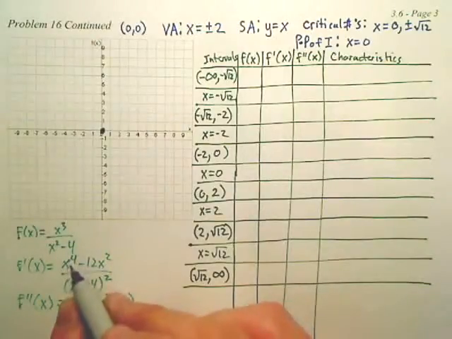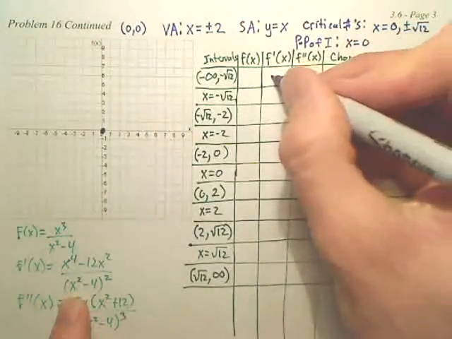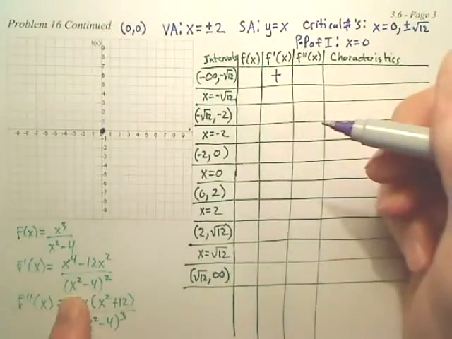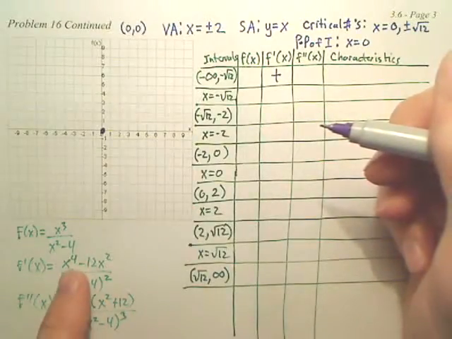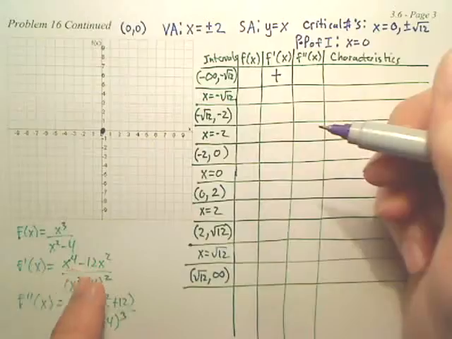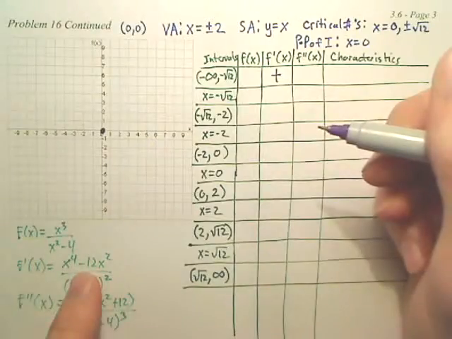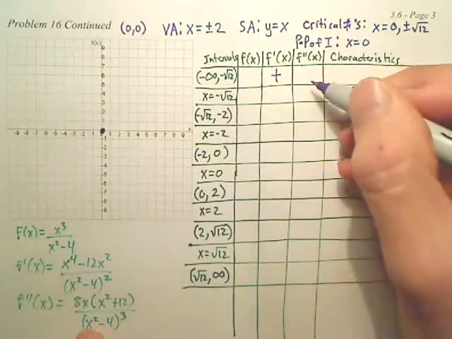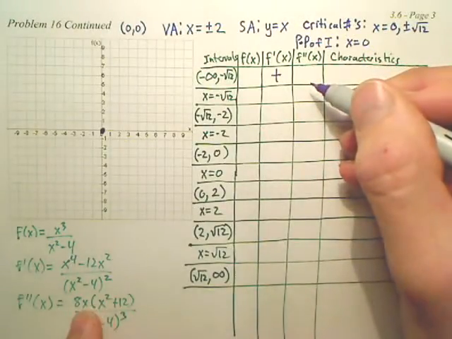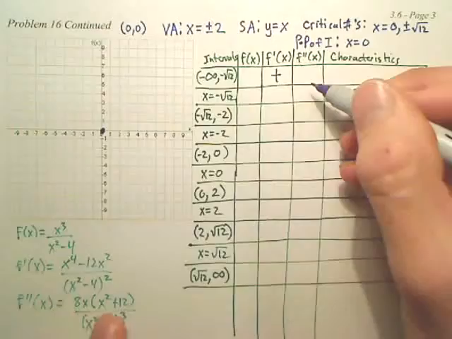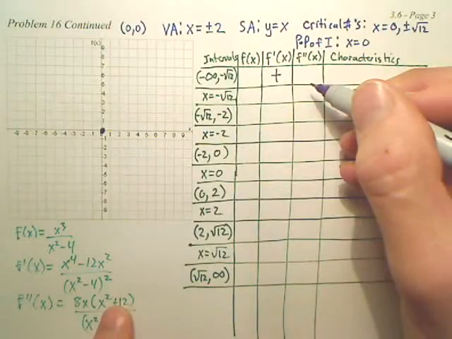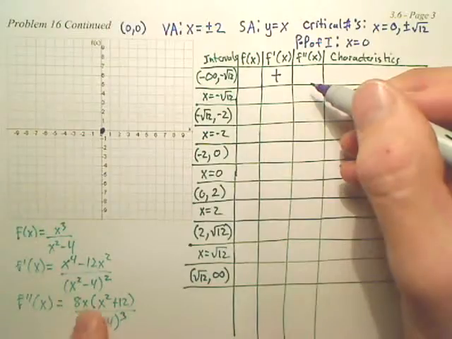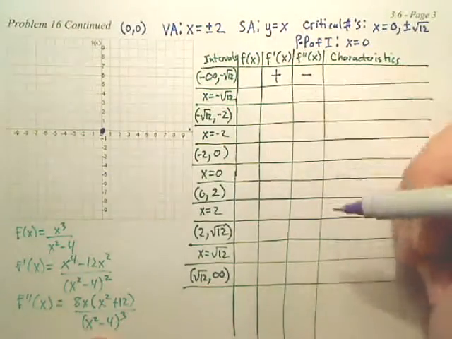X to the 4th is bigger when you plug in negative 4. So this is going to be a positive. You just have to know, okay, negative 4 to the 4th is really big, and then 16 times 12 isn't as big. When I plug it into the second derivative, right here, negative 4, that's going to be negative. This will become a positive, and then the bottom, won't that be positive? So you have a negative times a positive over a positive. Isn't that going to be negative?